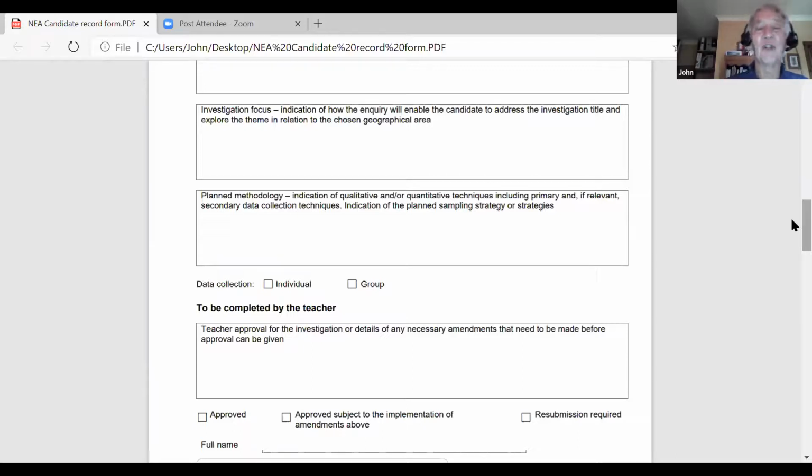Really, the boards only want you to put in the data collection techniques. I think you could waste your time if you don't show how your collection techniques link into presentation techniques.